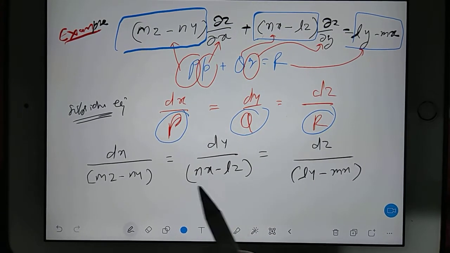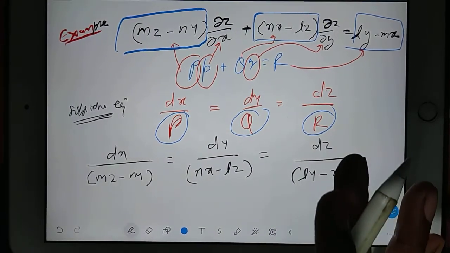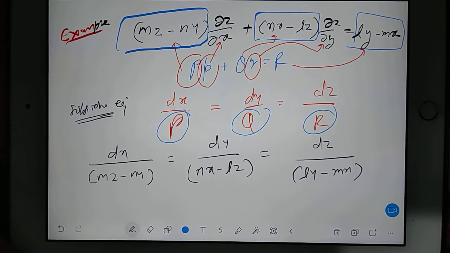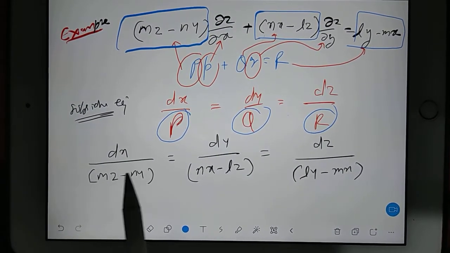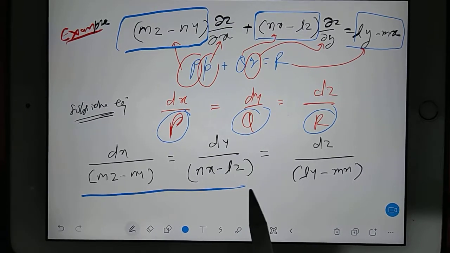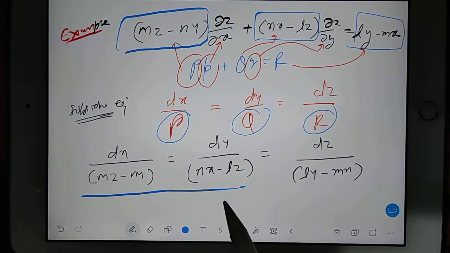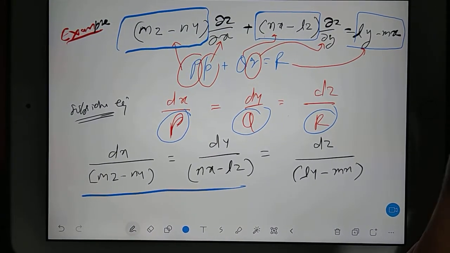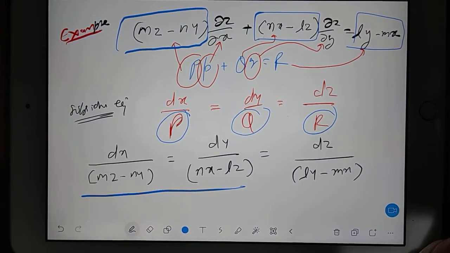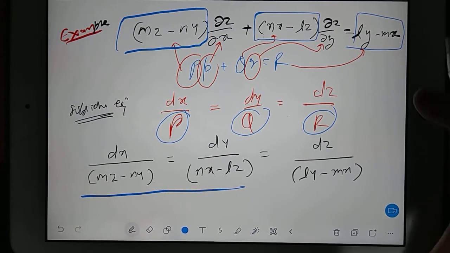Now only some portions are remaining where you can go for partial differential or something. You just consider these two together. You may be knowing there is a concept of multipliers x, y, z. In each fraction, if you do, then you can write like this.